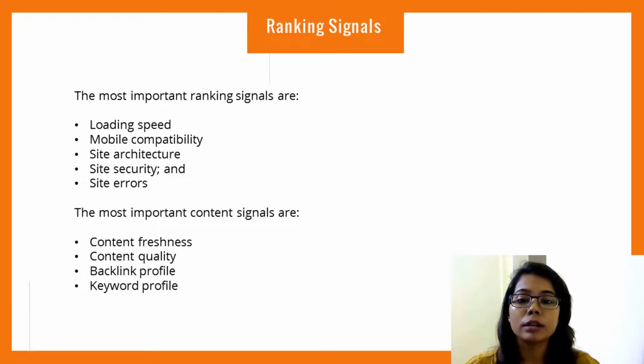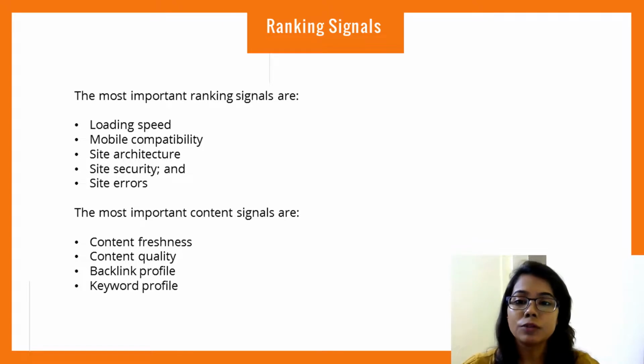The most important such signals are content freshness, content quality, backlink profile, and keyword profile. So now that we know the major factors that affect your website's SEO, the logical next step is to see what you can do to ensure you score high on these ranking signals.